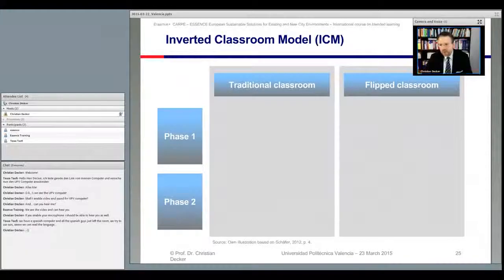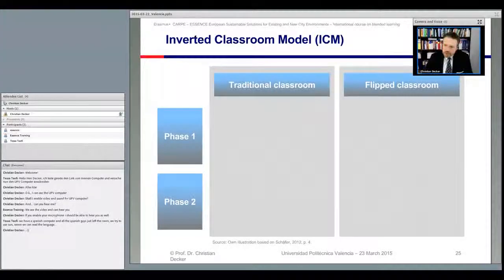They say flipped classroom is more for high school, inverted classroom is more for university. Then some people say inverted classroom model has a different methodical, theoretical background in comparison to flipped classroom. I found out for myself that the majority of people use flipped classroom as a synonym for the inverted classroom model, and this is what I will do here as well.